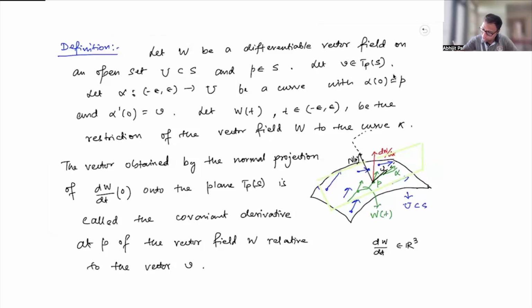So what you do, take the plane generated by capital N and dW/dt, and take the orthogonal projection of this vector on the tangent plane.